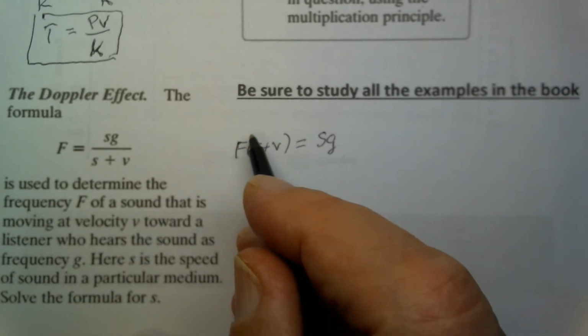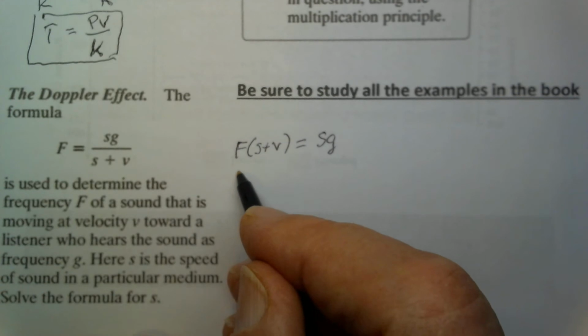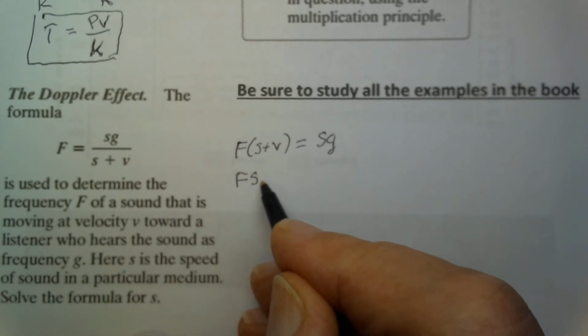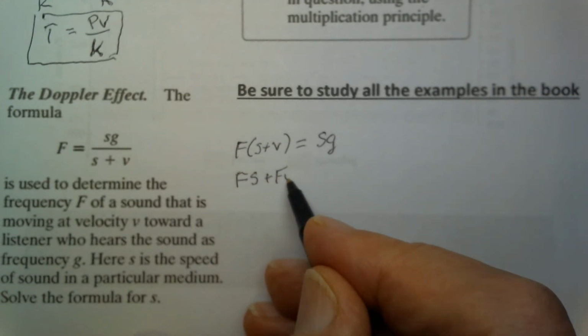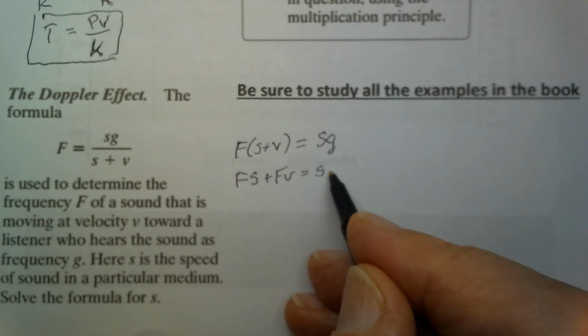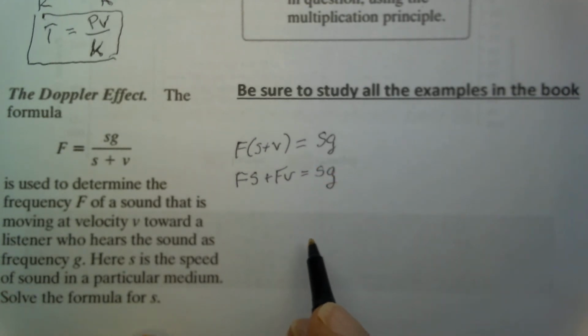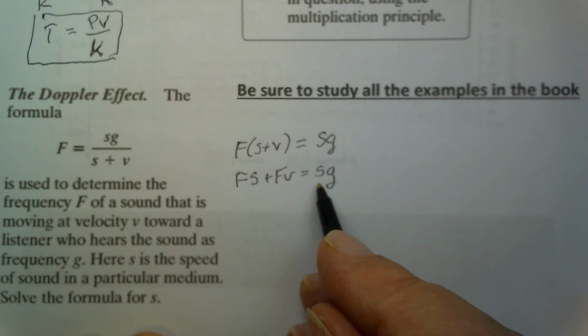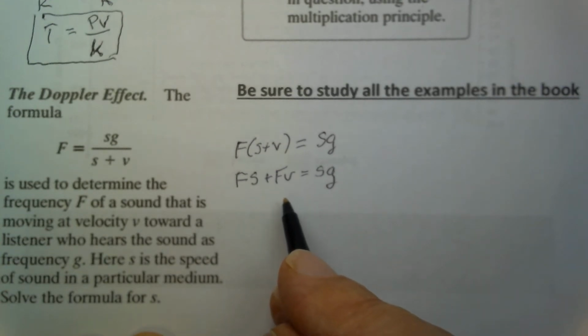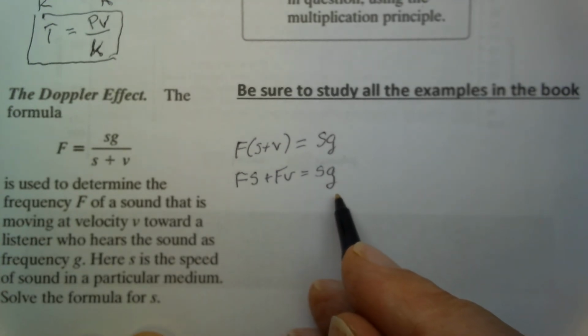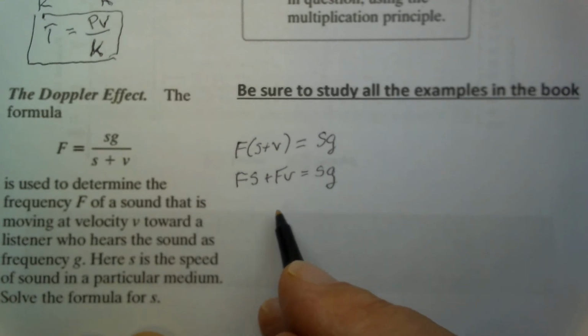So now we use the distributive property, and then fs plus fv equals sg. So now we need to get the terms with the letter s on one side and the others on the other side. So in this case, we subtract sg on both sides.